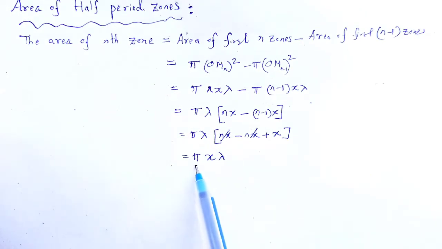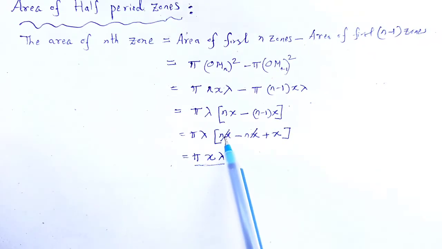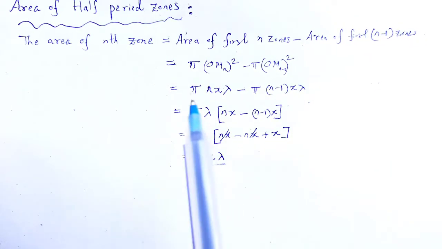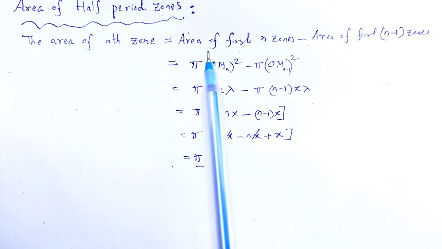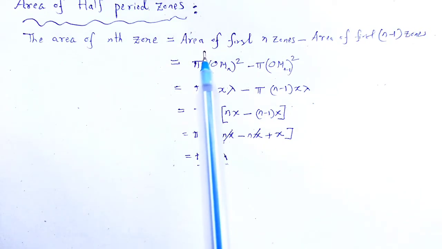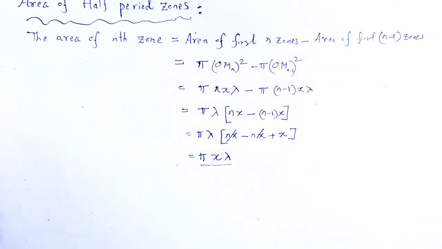Look at that particular expression. Here there will be no such term of n, means the area of half period zones is independent of what be the number, means all half period zones have equal areas.